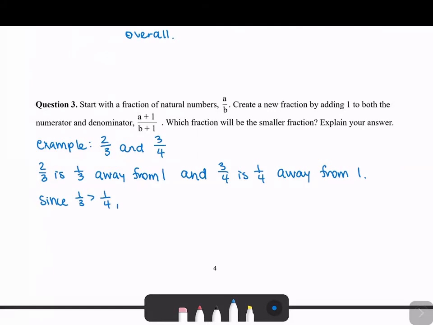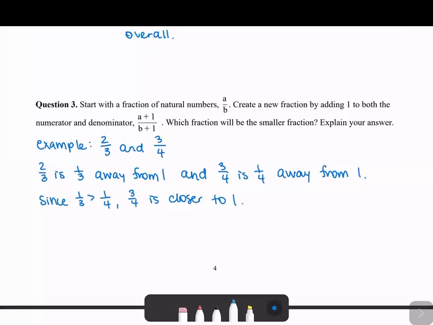Okay, so since 1/3 is bigger than 1/4, 3/4 is closer to 1 on the number line.